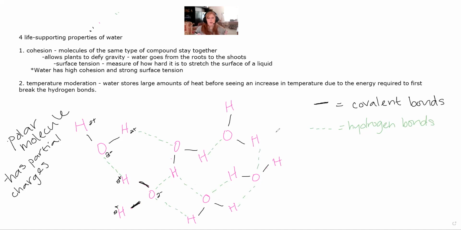Okay, so you can see how you get this interconnected web of hydrogens from one water molecule being attracted to the oxygens of another.